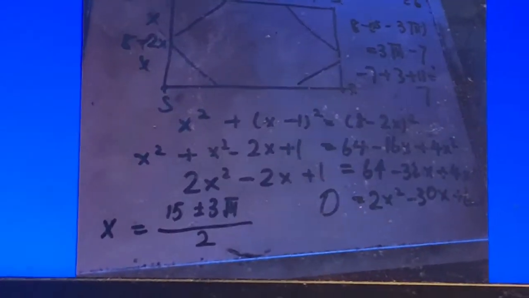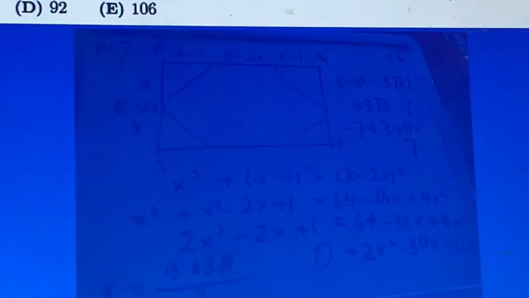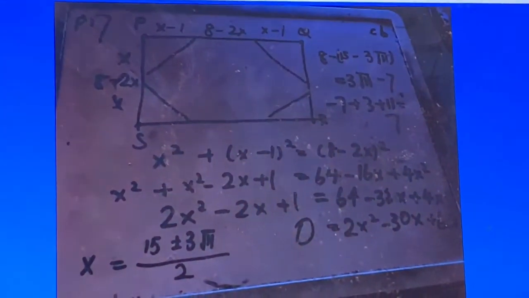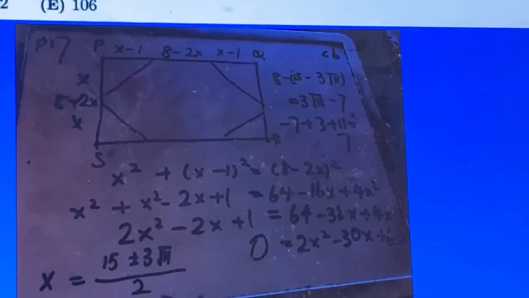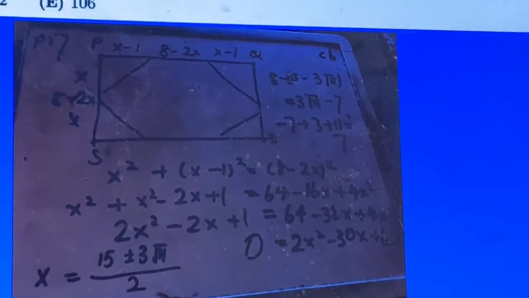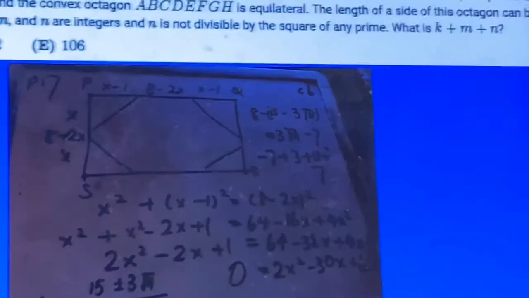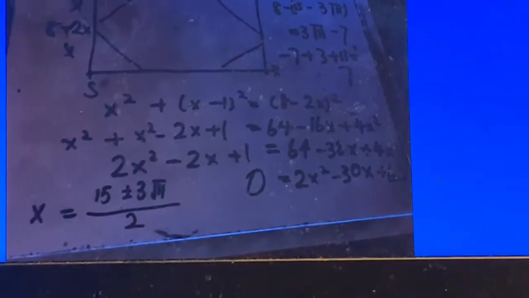And we get x can be this, right? So why don't we use (15 plus 3 times root 11) divided by 2 as the answer? Because it will become negative when you subtract it from 8.